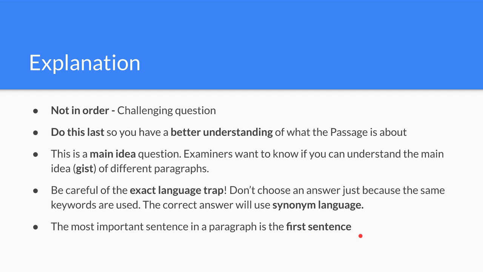It's also called the topic sentence or the controlling sentence because it controls what the paragraph is going to talk about. Or you can look at it as an overview of what the paragraph is going to be about. So that first sentence is very important. I will also go ahead and say that the second sentence is also quite important. The most important is the first sentence. The second most important sentence is the second sentence.